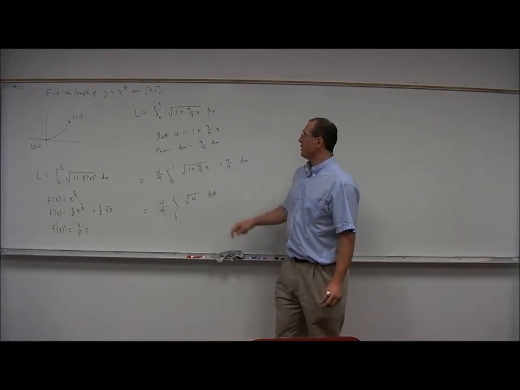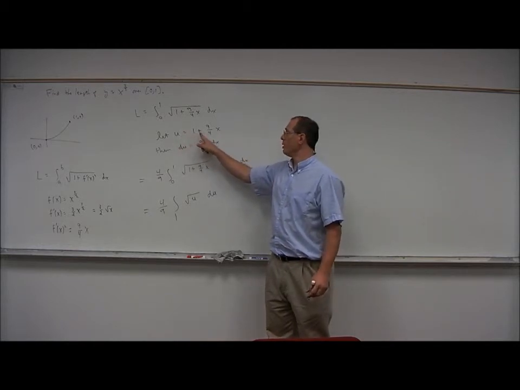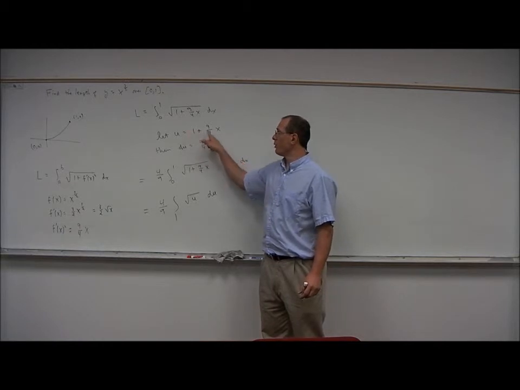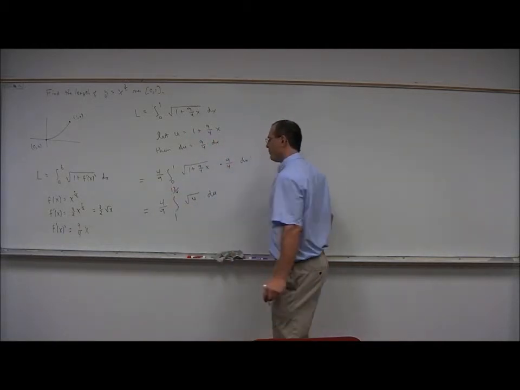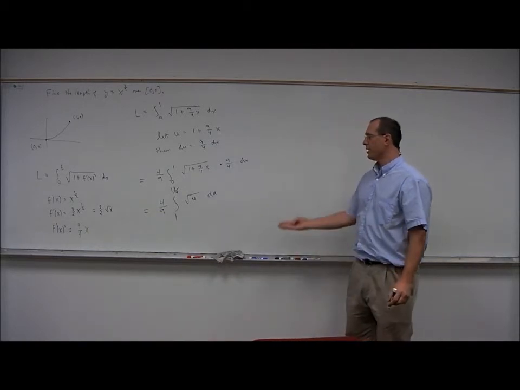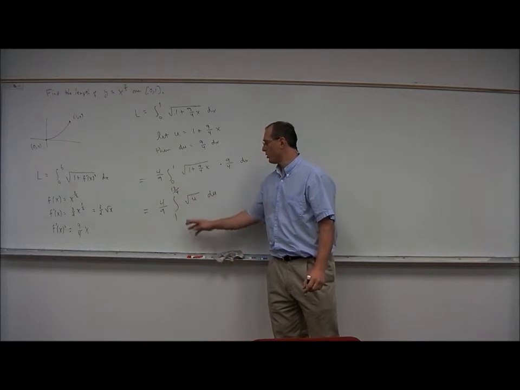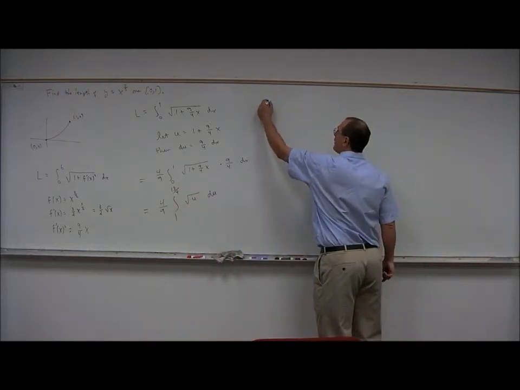And when x is equal to 1, then u is equal to 1 plus 9/4. And that's 4/4 plus 9/4, which is 13/4. So the integral we have to solve is the integral from 1 to 13/4 of the square root of u du. So let's do that.